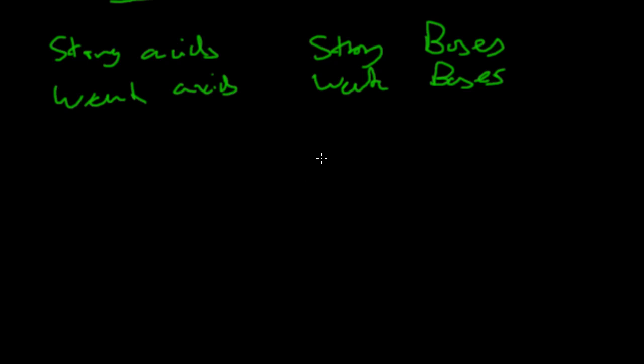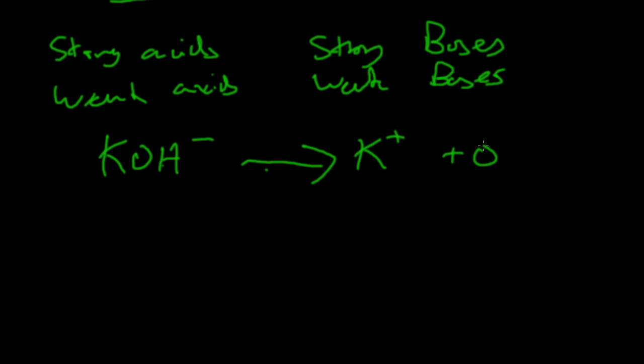How does that work? Well, it works through the mechanism of donating an OH- to the substance. So a good example is potassium hydroxide. That goes to K+ plus OH-.